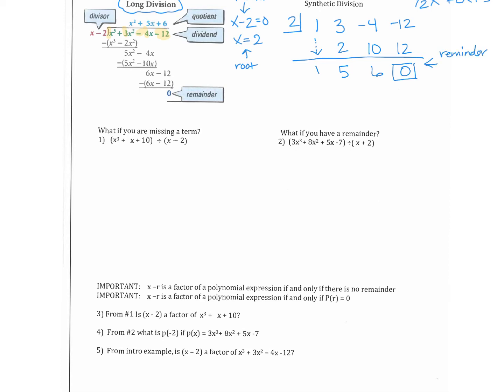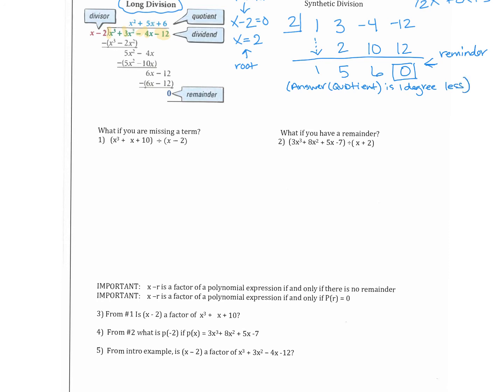and it tells me lots of things. But first of all, how do I get my answer from the 1, 5, and the 6? So always your answer, which is my quotient, is 1 degree less because I divided by something that was linear.